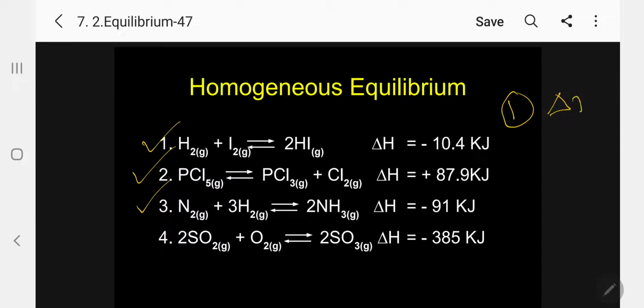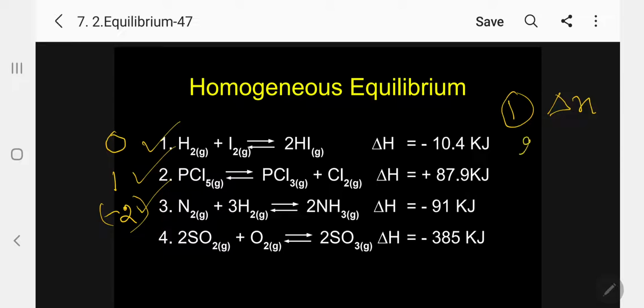First is delta n. What is delta n? Total number of moles of products minus total number of moles of reactants. In this case, 0. In this case, 2 minus 1, 1. In this case, 2 minus 4, minus 2. Kindly follow. So this is the delta n value.